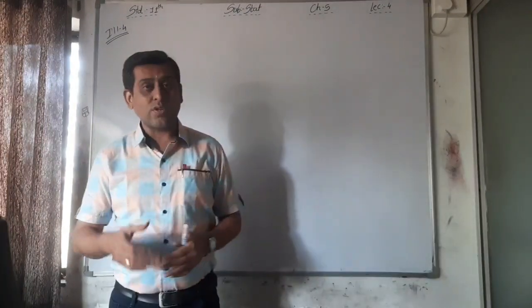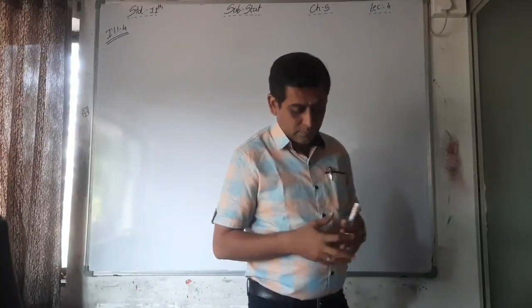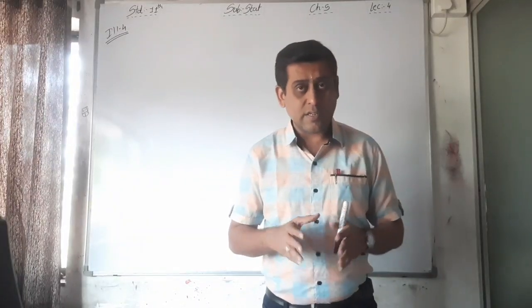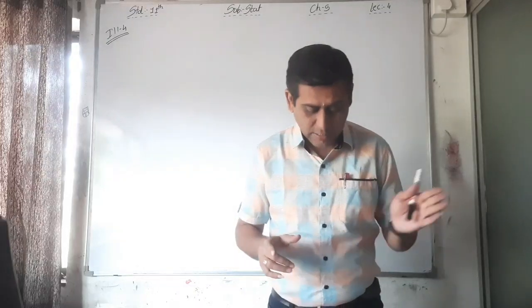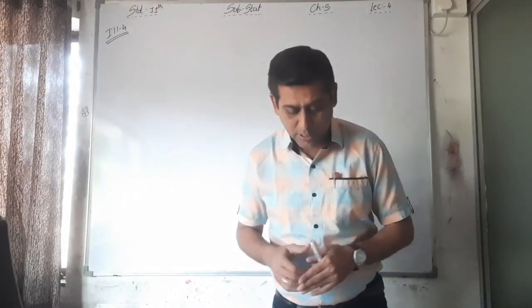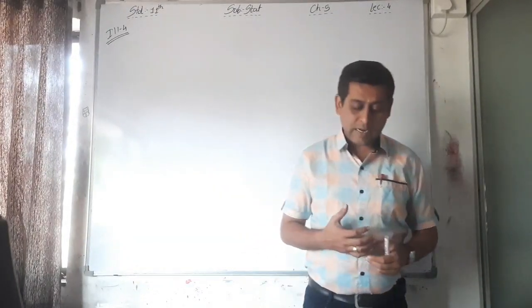Now see the question first. The data given is continuous group data: 1 to 3, 4 to 6, 7 to 9, 10 to 13, 14 to 16 and 17 to 19.